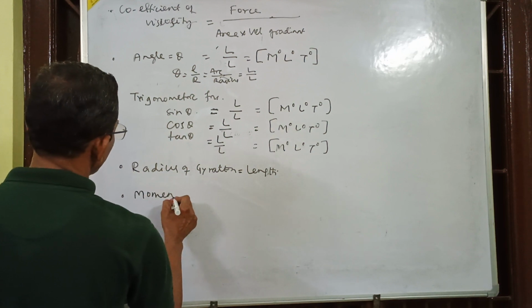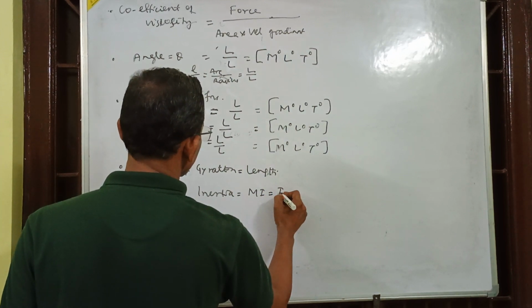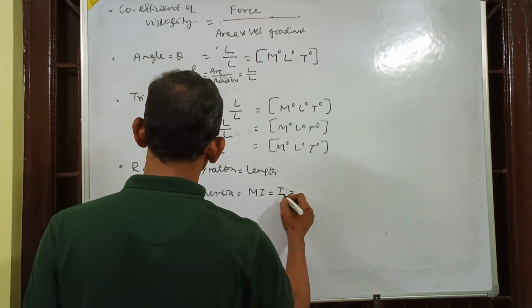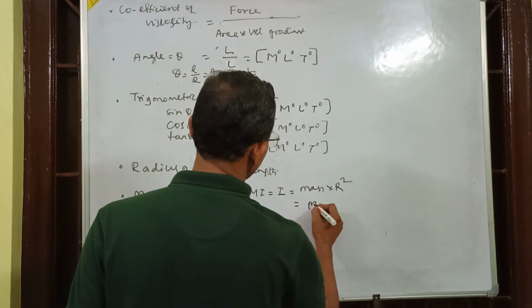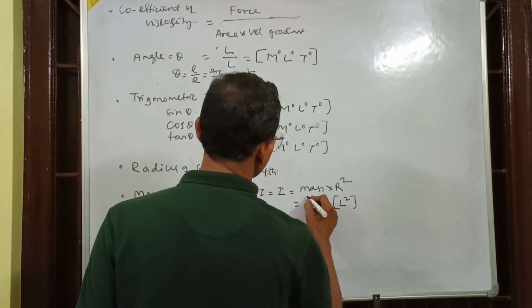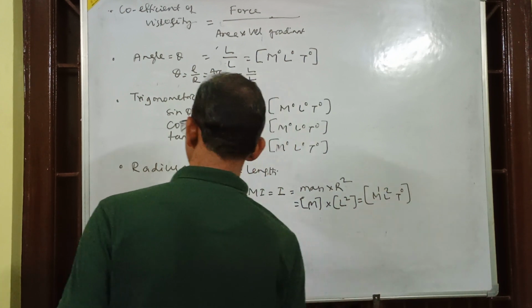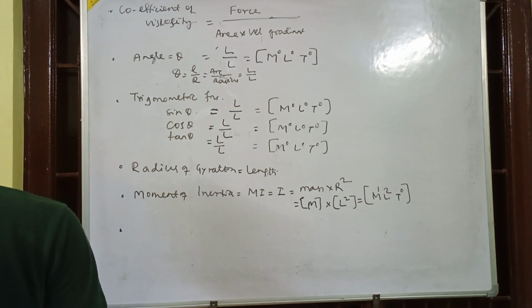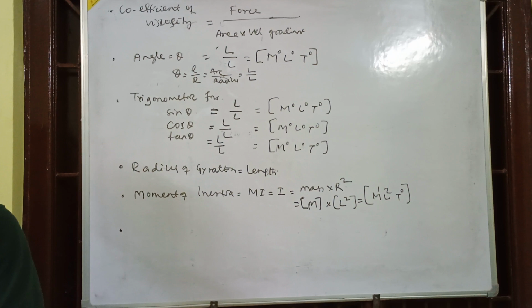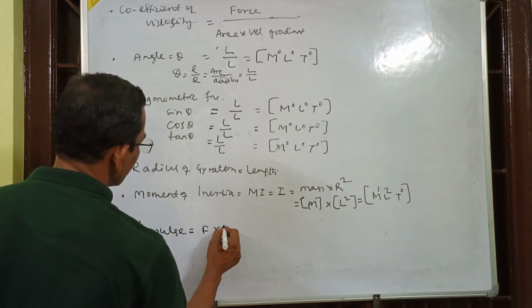Moment of inertia I equals mass into r square, or m into L square, which becomes M L^2 T^0. Next, impulse is force into time.